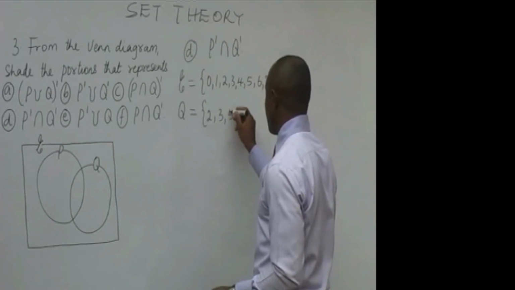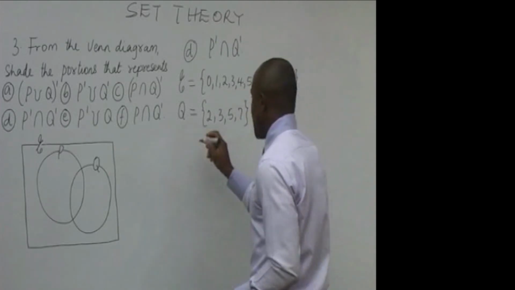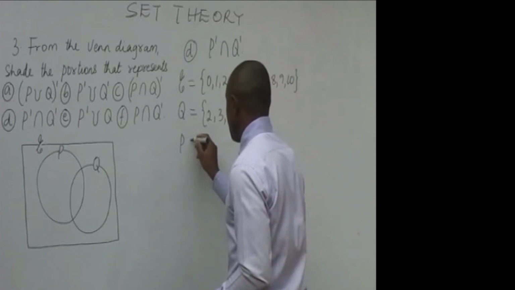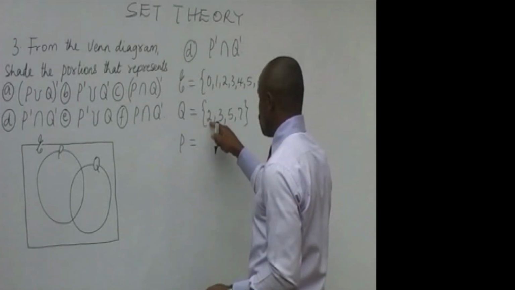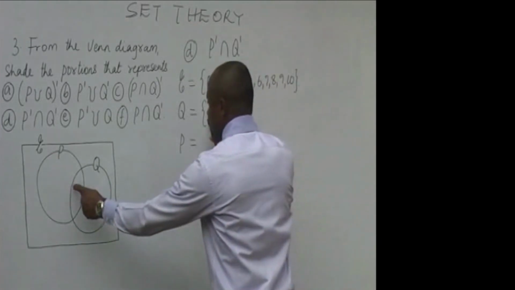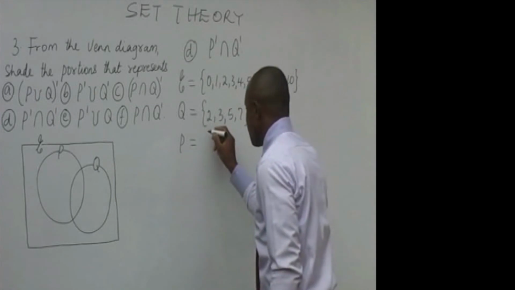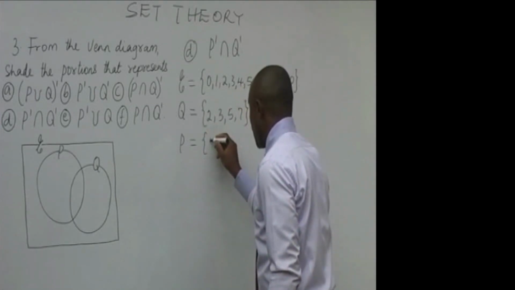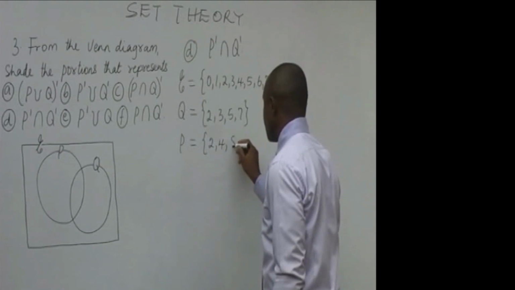3, 5, and 7. Now we chose P to be factors of 8, because 2 is going to be part of the factors of 8, as we have P intersection Q. That was why we chose factors of 8. We had it to be 2, 4, and 8.